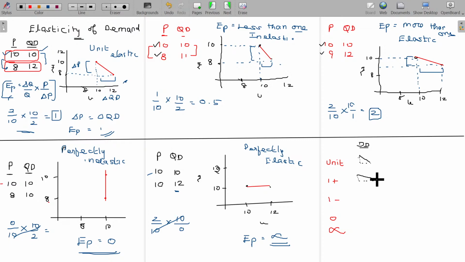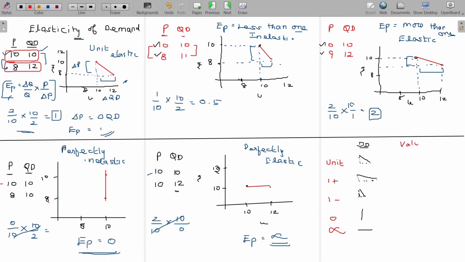For less than one, the change in price is higher than the quantity change, so the curve will be steep. If it is 0, naturally a vertical line, and in the case of infinity, it is a horizontal line.